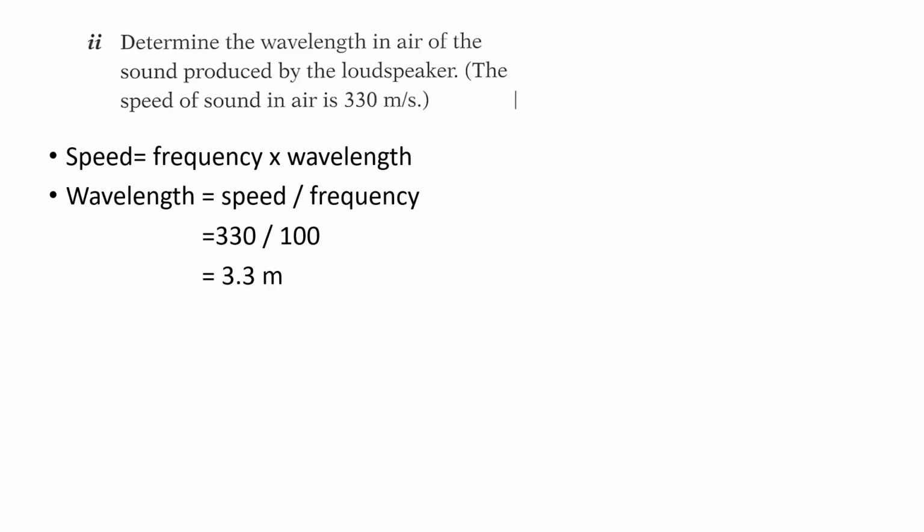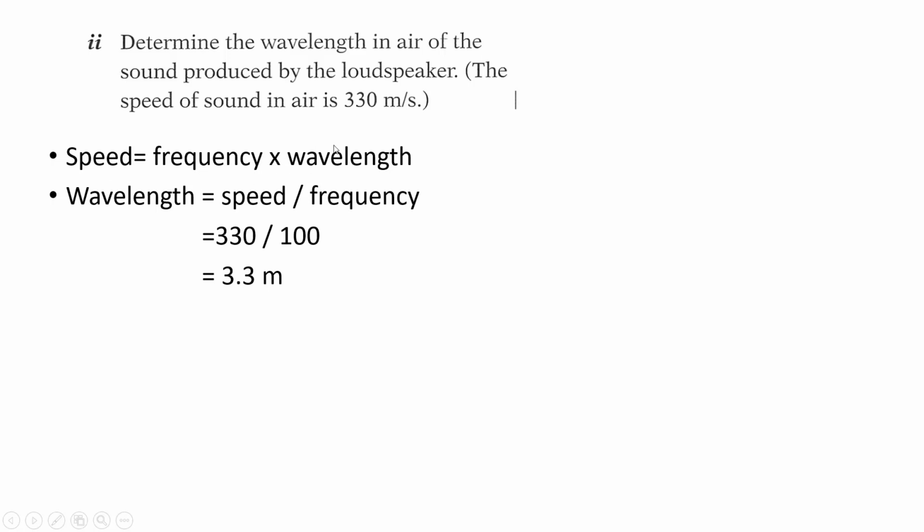Second question, it says, determine the wavelength in air of the sound produced by the loudspeaker. Note or hint, the speed of sound in air is 330 meters per second. So here they gave us the speed of sound in air, and also we found the frequency. The question says find the wavelength. Firstly, we have the general formula, which says speed equals frequency times wavelength.